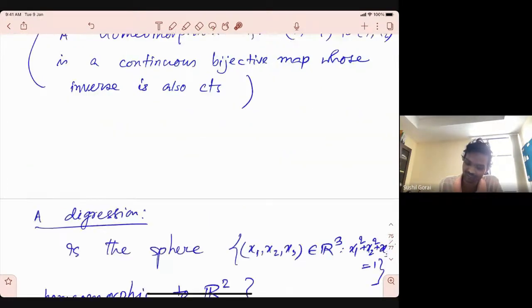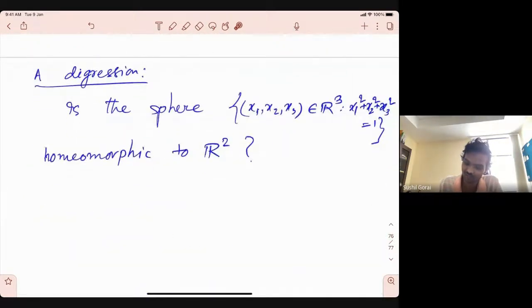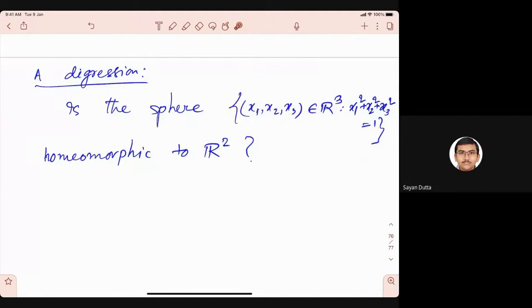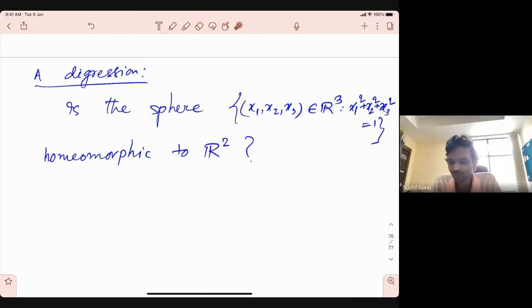So can anybody give a precise argument? If you project the surface of the sphere onto R2, the way projections are done, you have to choose one point and then project with respect to that point. The projection will be bounded, so it cannot be homeomorphic.